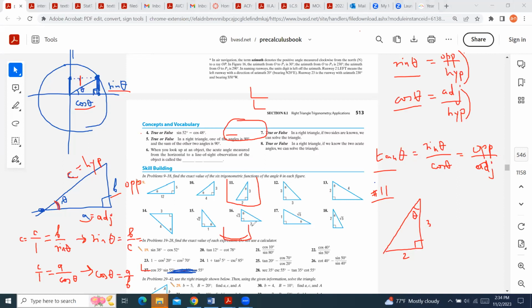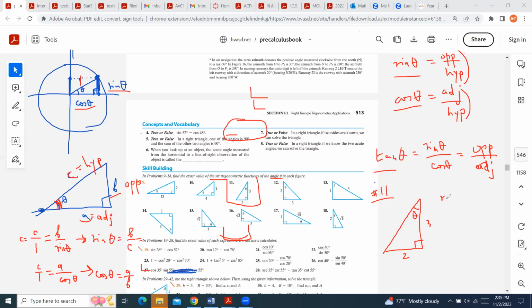Please note that angle theta could be any of these angles. Usually we don't care about the 90 degrees, but here's the angle theta. Okay, so what do I need here? In exercise 11, they say find the exact value of the 6 trig functions of angle theta.